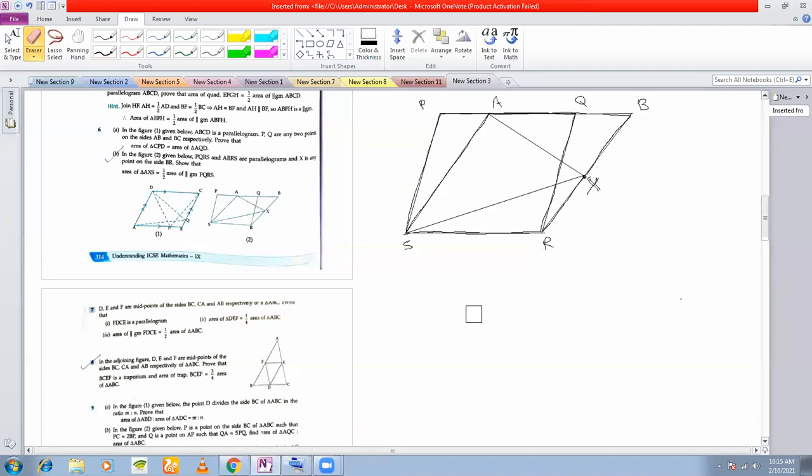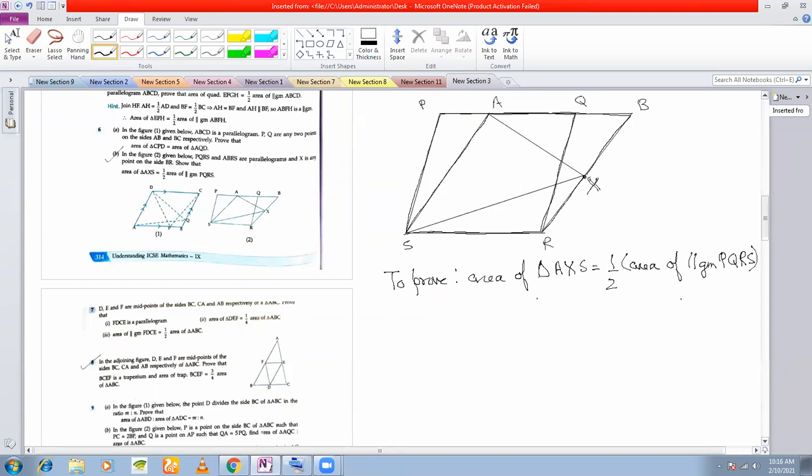Okay, you need to show, let's write, to prove: area of triangle AXS is equal to half area of parallelogram PQRS. This is what you need to show.